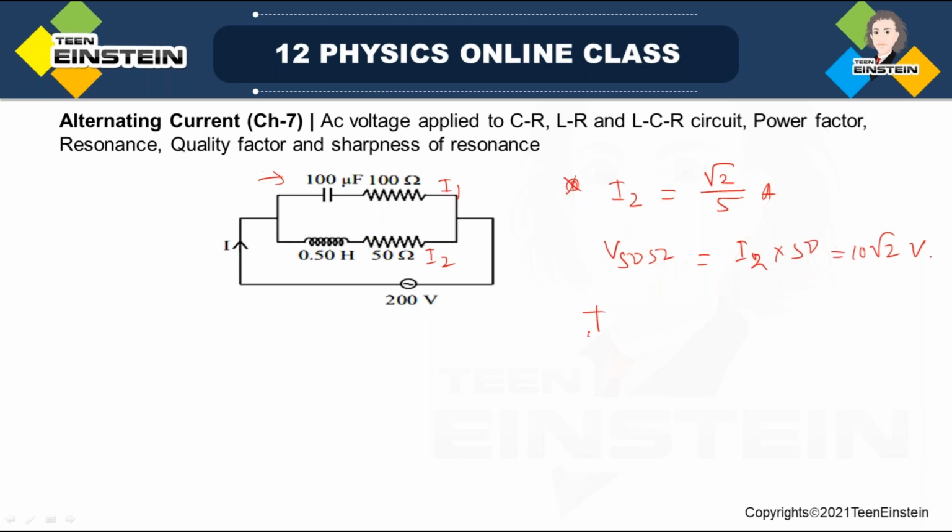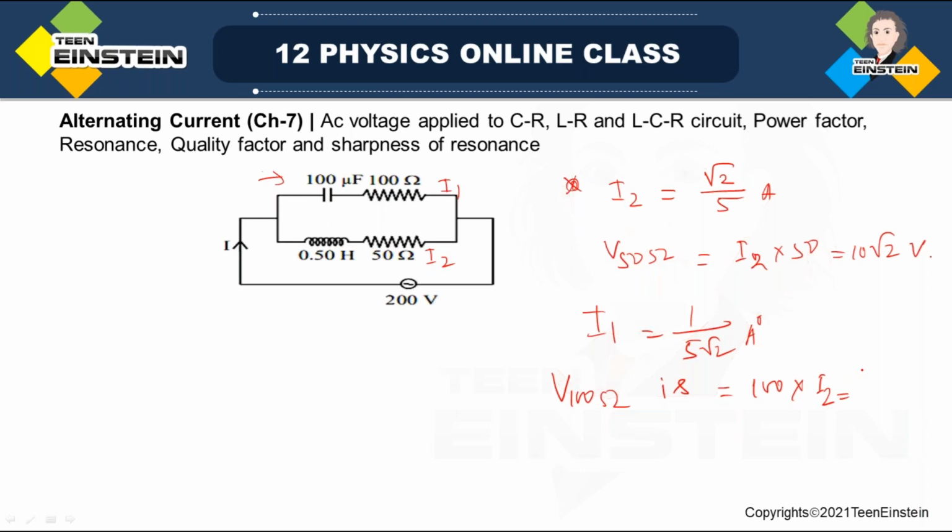So this branch we had already found out, I1 has to be 1 by 5 root 2, and the voltage across the 100 ohm is 100 into I2.